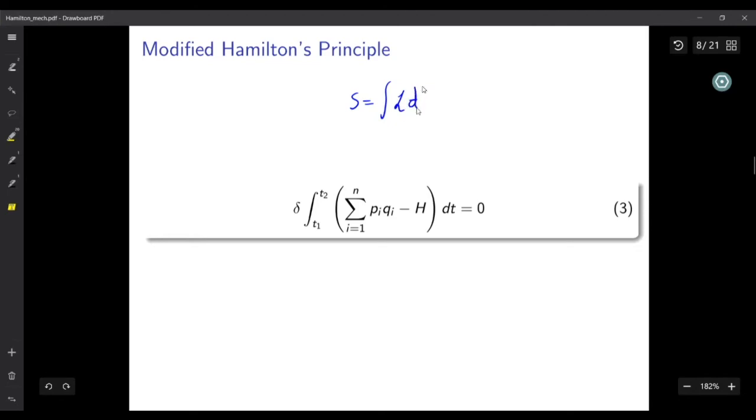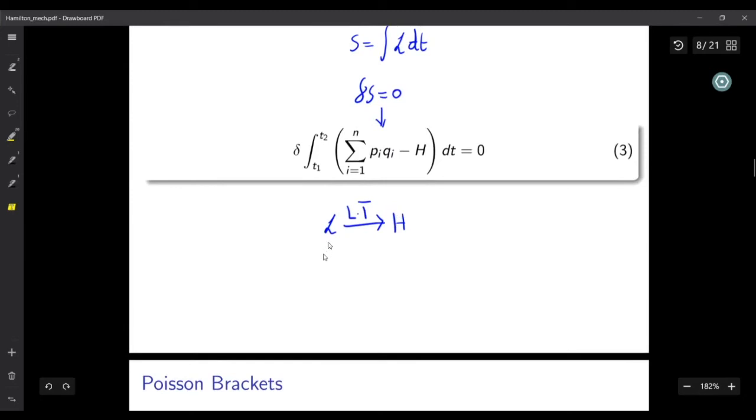So delta of S essentially equals 0, right? What we did was repackage the principle of least action in terms of the Lagrangian. This is called the modified Hamilton's principle. It's just a very small interlude, nothing significant, but a small thing that we'd like to know. So go down.